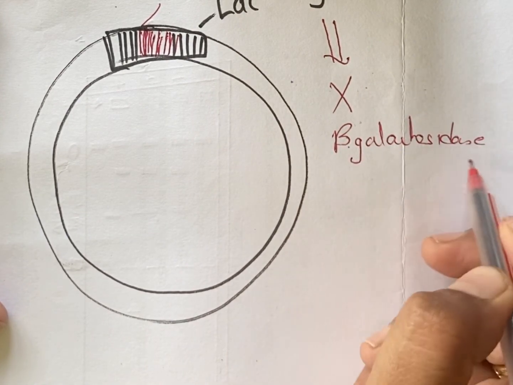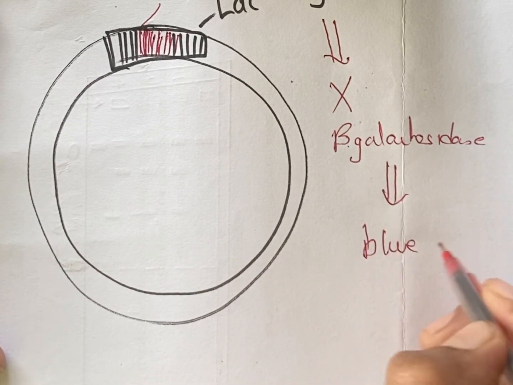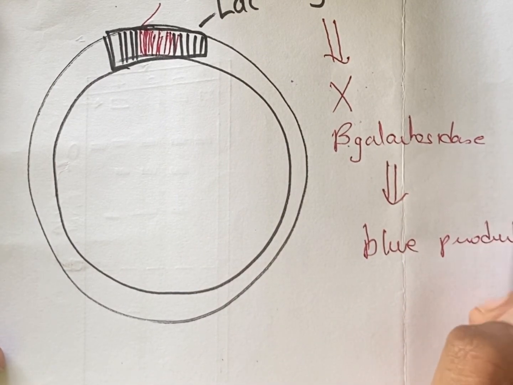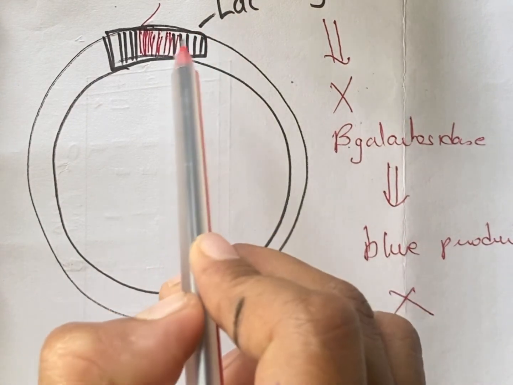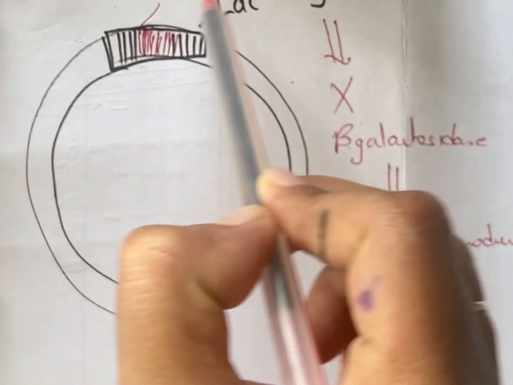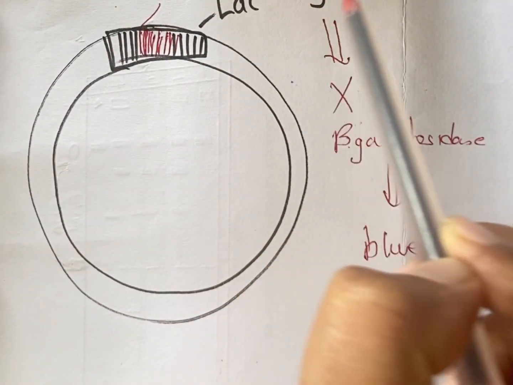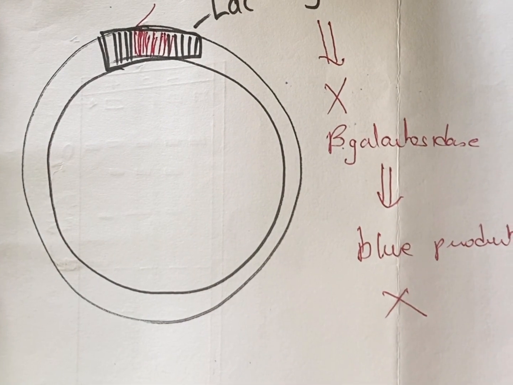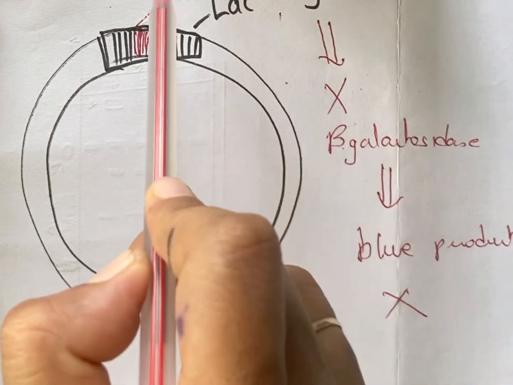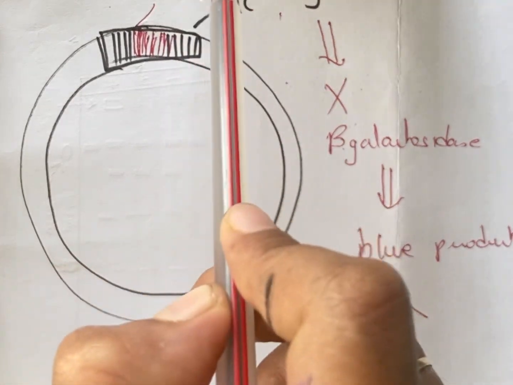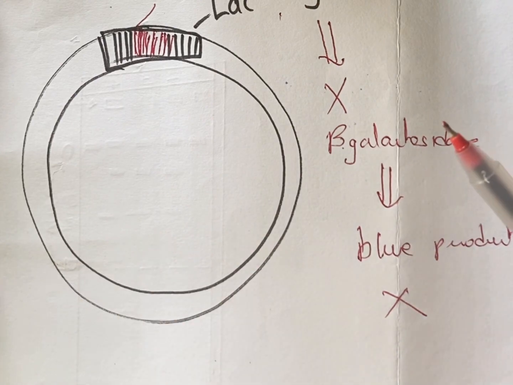And if beta galactosidase is not produced, that blue colored product will also not be produced. Because of insertion of target gene in the original gene, lacZ gene has inactivated. That means insertional inactivation, and this insertional inactivation will help us to identify the transformant from the non-transformant.